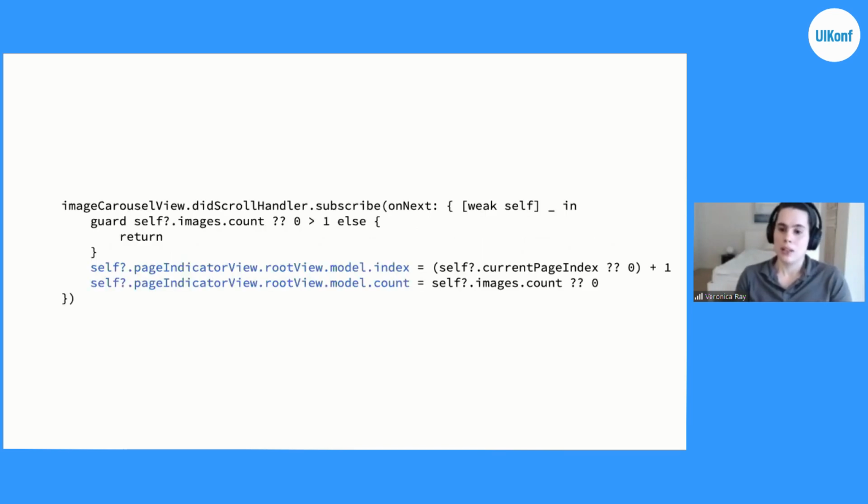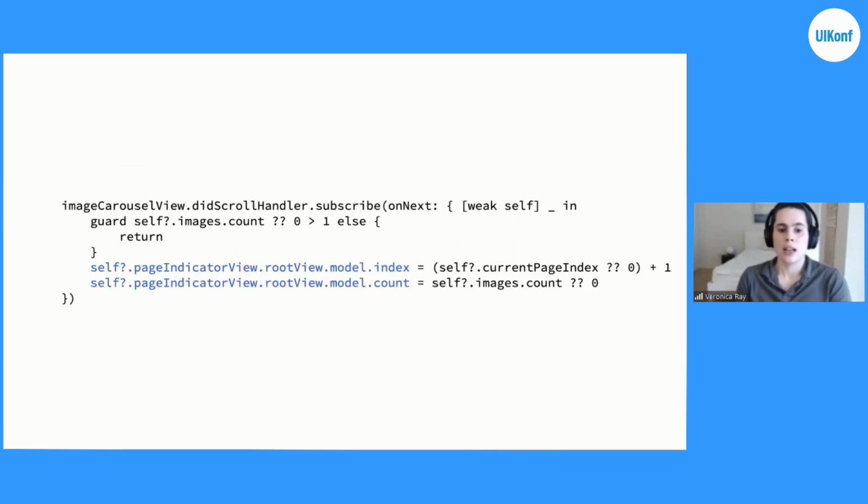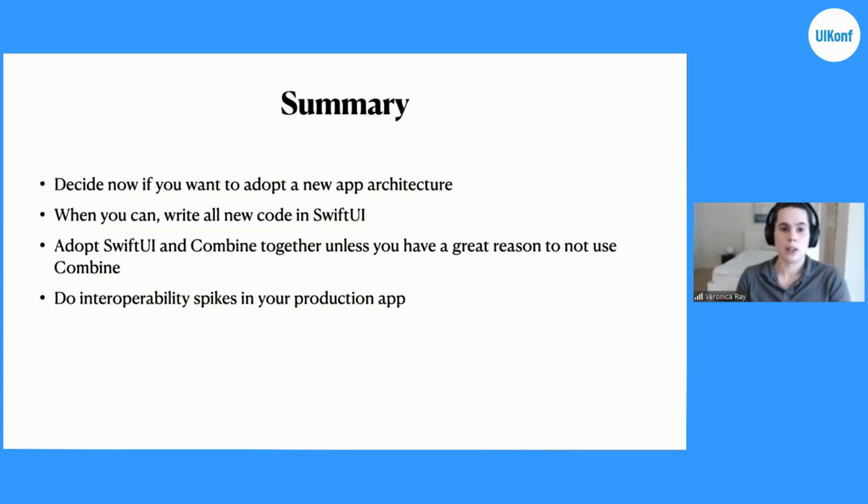And it looks a little grimy because we're grabbing the root view, and then we're grabbing this model, this page indicator model, which is an observed object, and we're updating its index and its count. And so that's what's allowing the correct notifications to be sent and the UI to be updated.